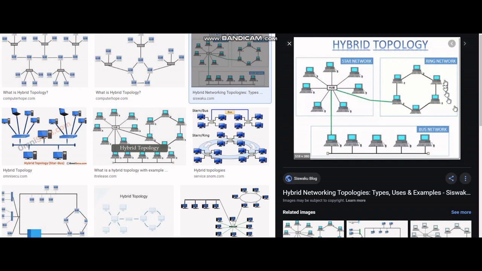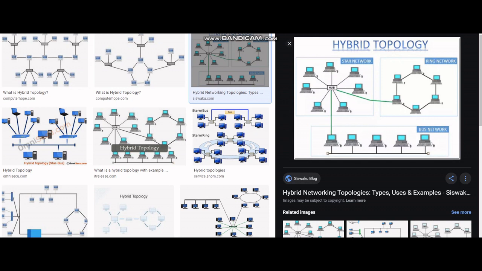So the last topology that I'm going to talk about is called hybrid topology. Hybrid topology can be a combination of two or more topologies.